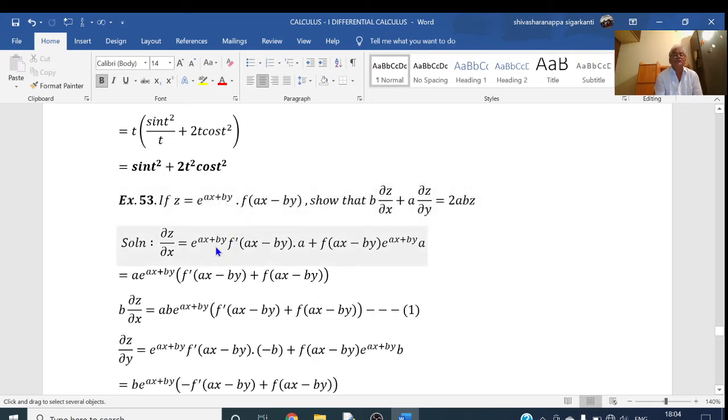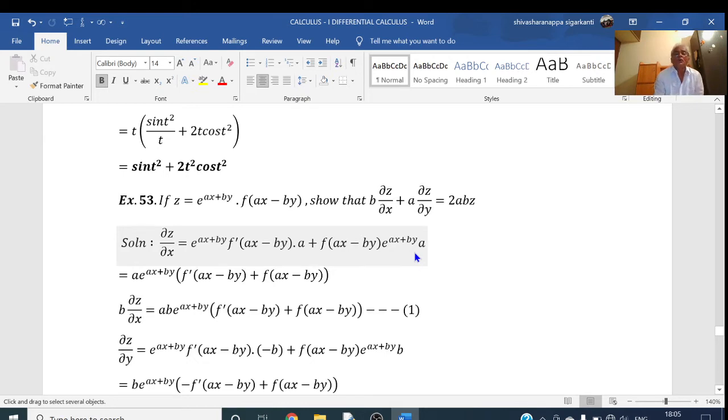First function, e power of ax plus by into derivative of the second, f dash of ax minus by into ax minus by derivative with respect to x is a, plus second function f of ax minus by into derivative of the first, e power of ax plus by into ax plus by derivative with respect to x is a plus 0, that is equal to a.